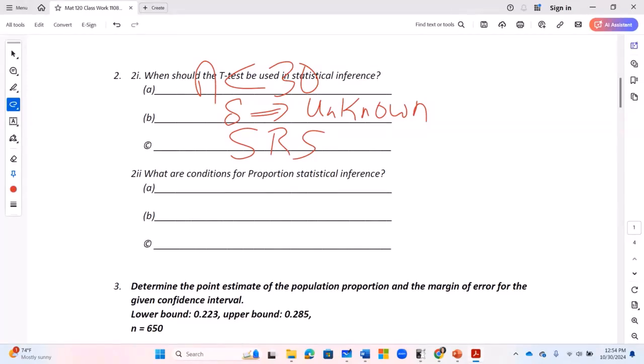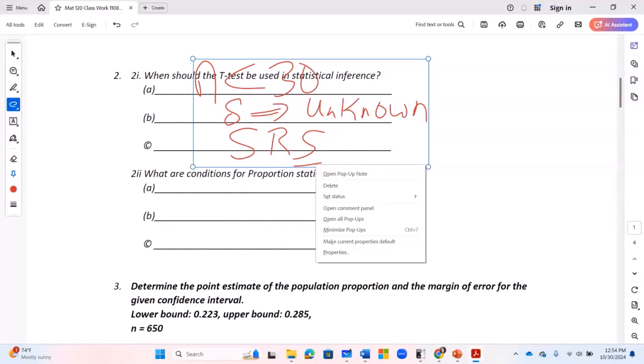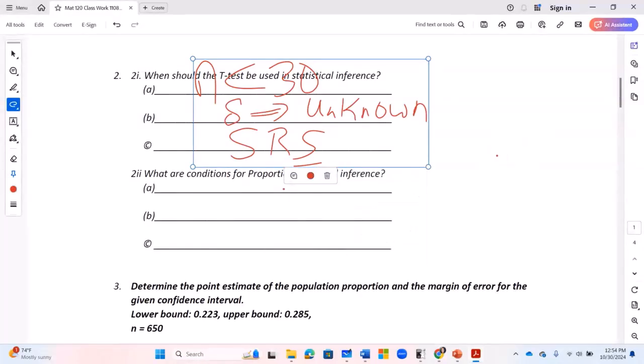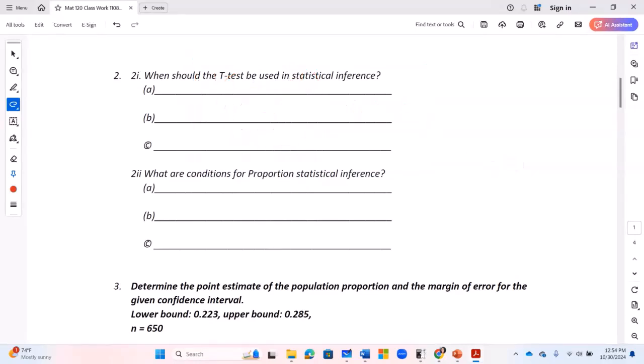What are the conditions for using proportion? We said it the other day. We can say it again today. Conditions for proportion. 1, the variance. Sample must be from a normal distribution. And then n times p times q must be greater than or equal to 10.